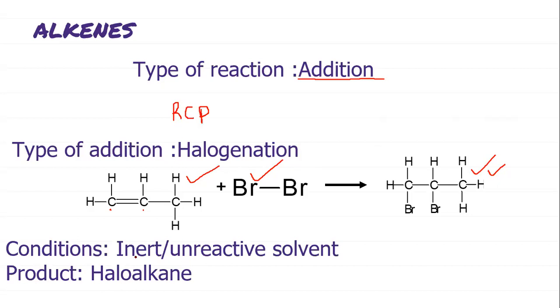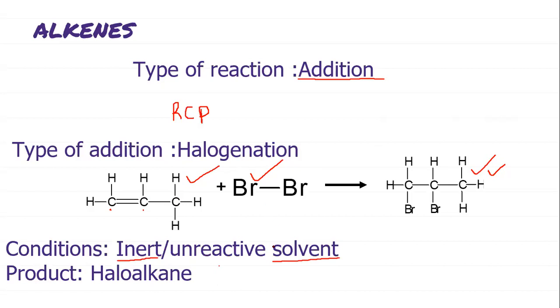So for this molecule, we require an inert solvent, right? Also an inert solvent, we also call it an unreactive solvent, because if a chemical is inert, it means that it does not react. It is not reactive, so it is unreactive.